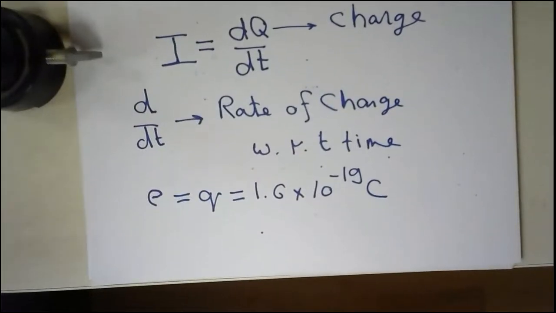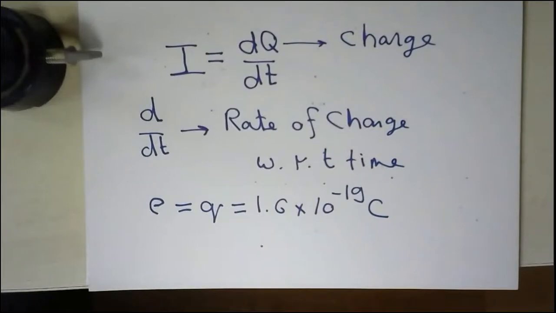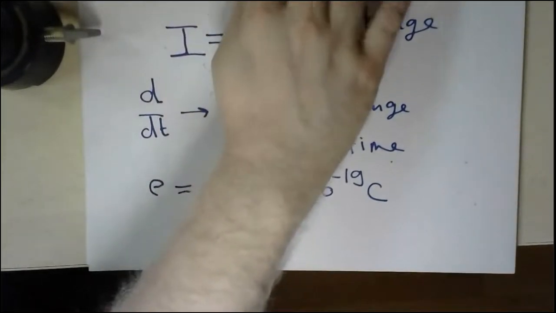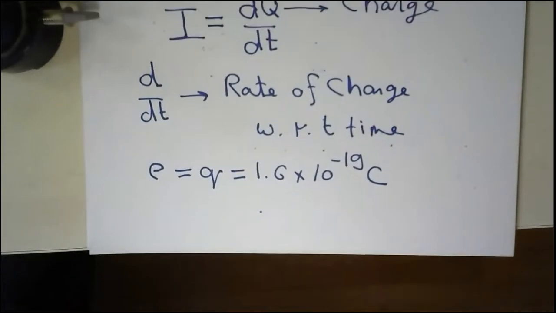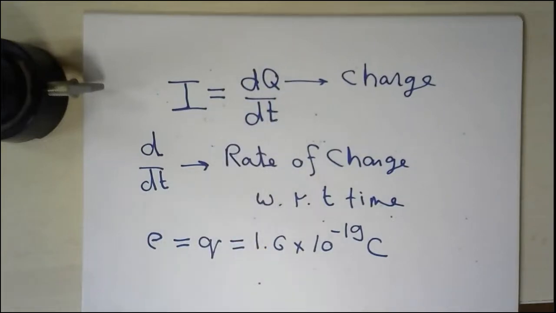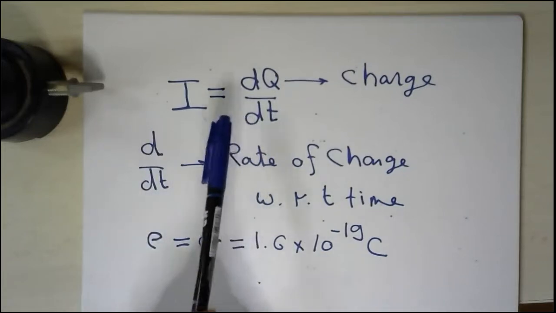In order to have electrical current, you have to have charge which somehow has a variation with time, or we can call it, you should have a moving charge. In order to have an electrical current, you should have a moving charge.